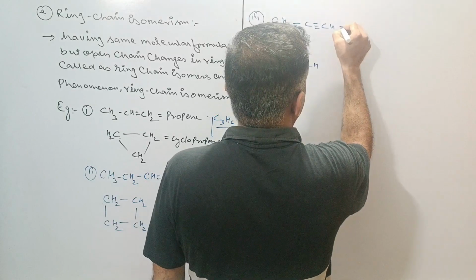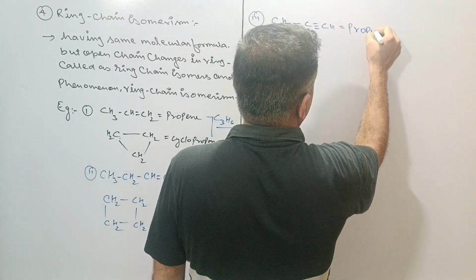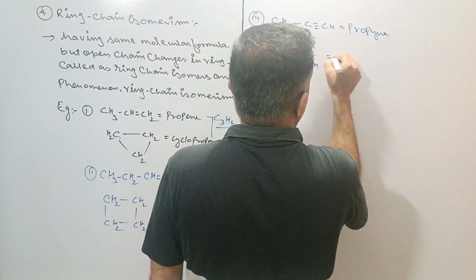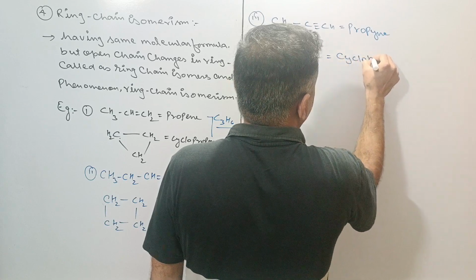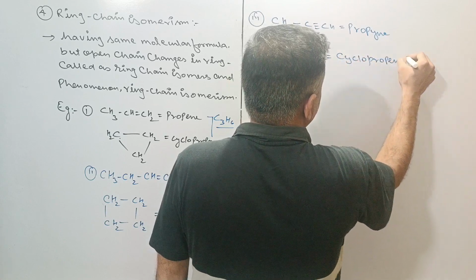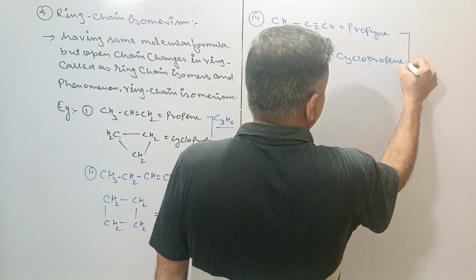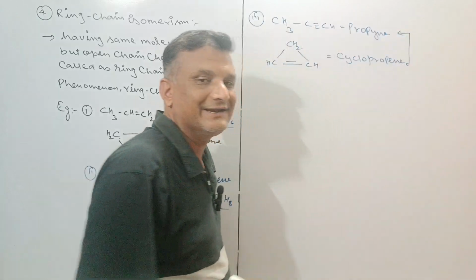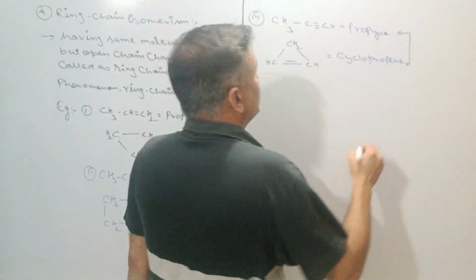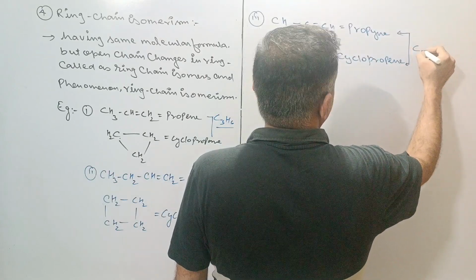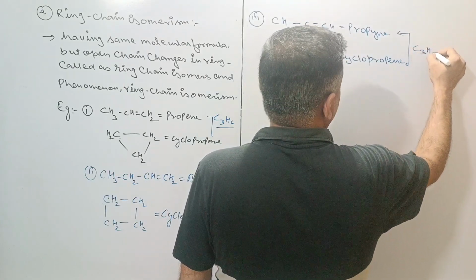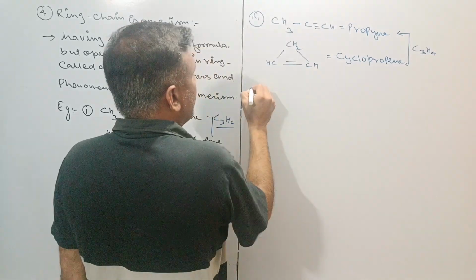This is called propyne, while this is called cyclopropene. So we can say that alkyne shows ring chain isomerism with the cycloalkene. The common formula is C3H4.